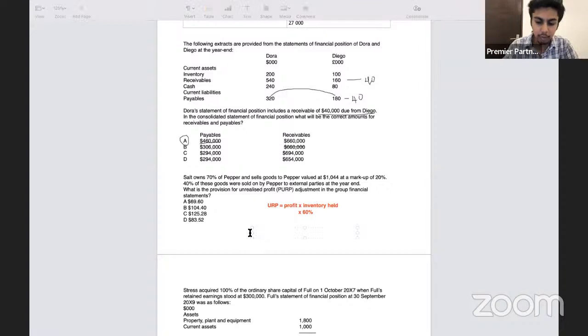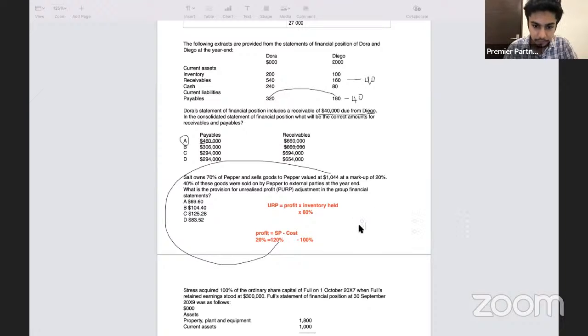Normally, this is how we do profit. Profit is equal to selling price minus cost. Right, now these people are using a markup. Markup means profit is 20%, and cost is always 100%. That means selling price has to be 120%. Now let's work it out. 1044 is the selling price.